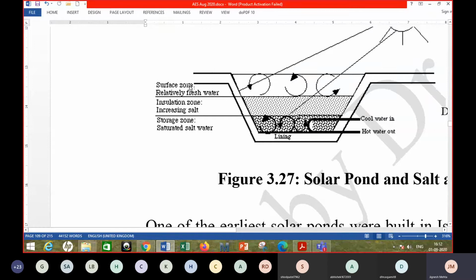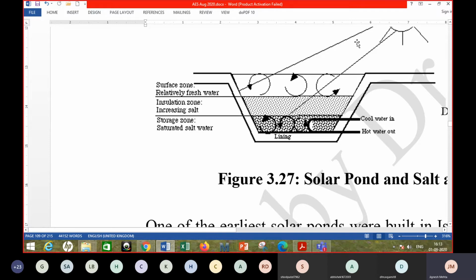The top one is the surface zone, relatively fresh water. The intermediate one may be called the insulation zone, where the salinity is increasing as you go from top to bottom of that. And the bottom layer is the storage zone, where salinity is the maximum.